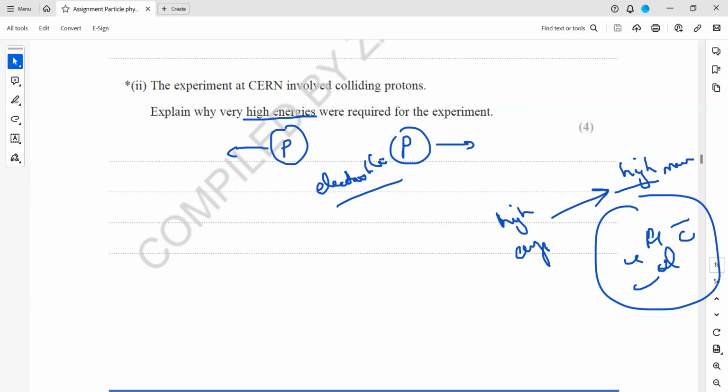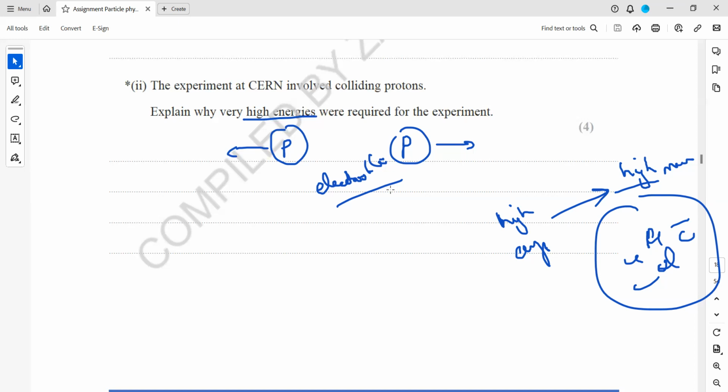And another thing, because protons have a like charge and like charges repel each other, to overcome the electrostatic repulsion we have to collide them at very high speeds. So two points: one mark, protons are identical and carry the same charge, so there is electrostatic repulsion, and that's why we need a high energy to overcome that.